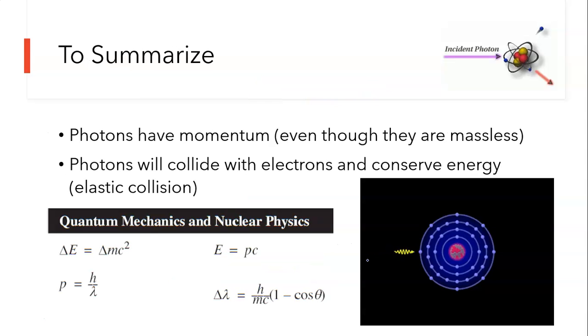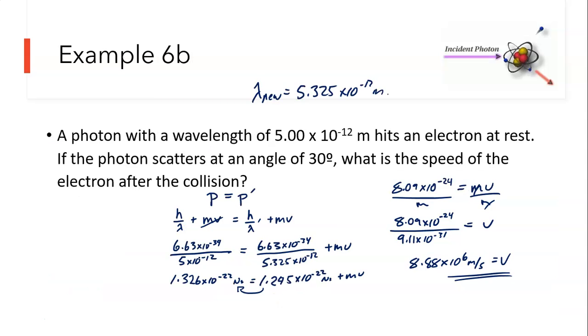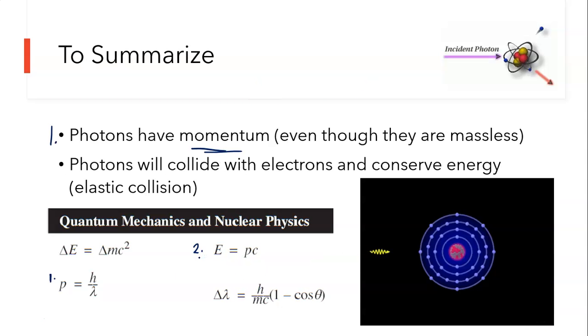So key takeaways again. First of all, photons have momentum, even though they're massless. We know that with this formula right here. Photons will collide with electrons and conserve energy. We could have done that previous problem as a law of conservation of momentum.